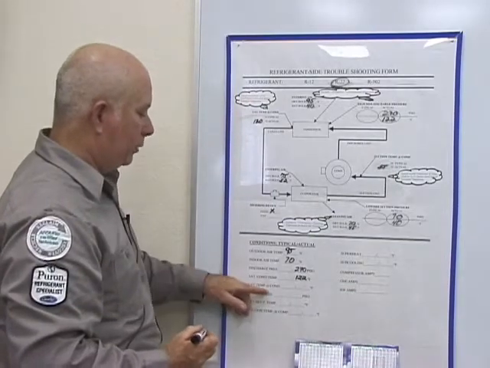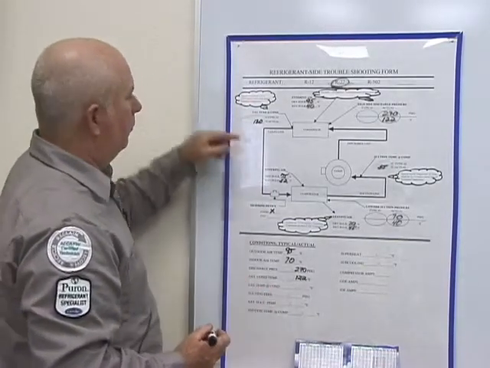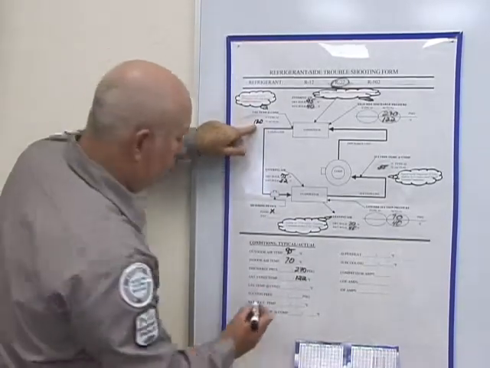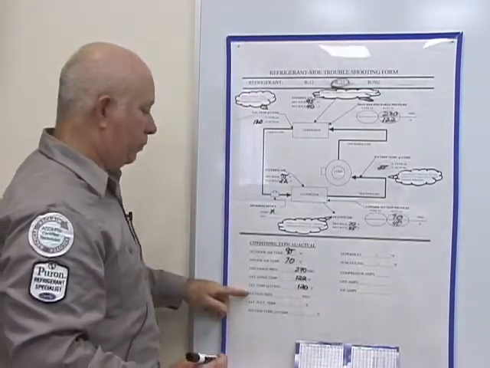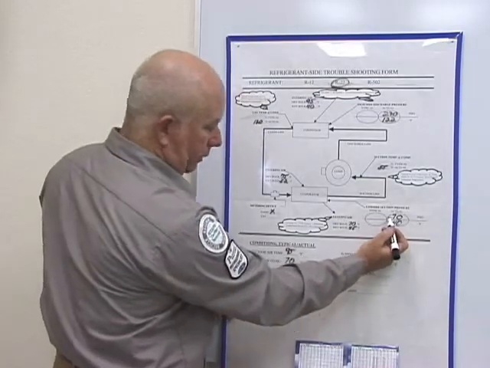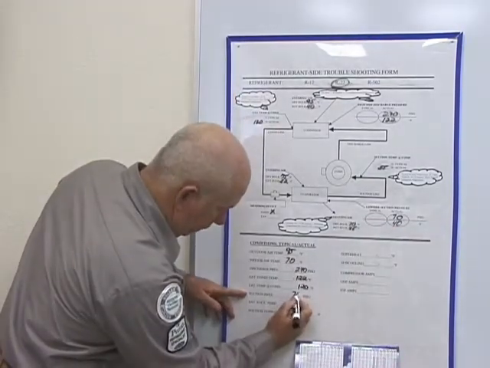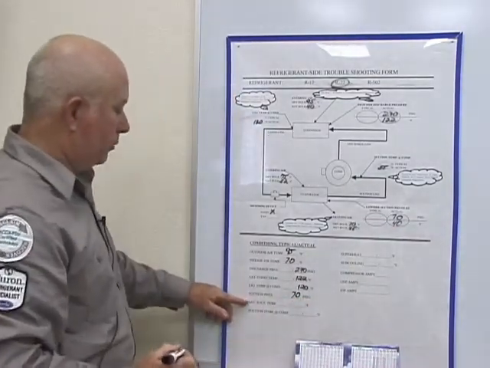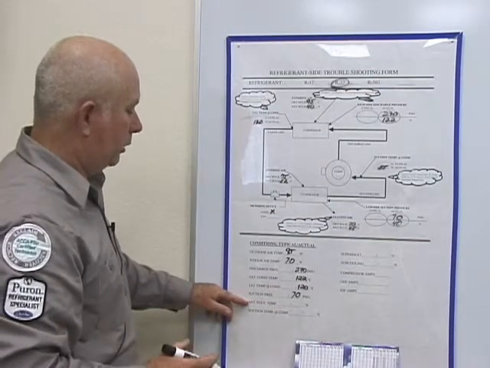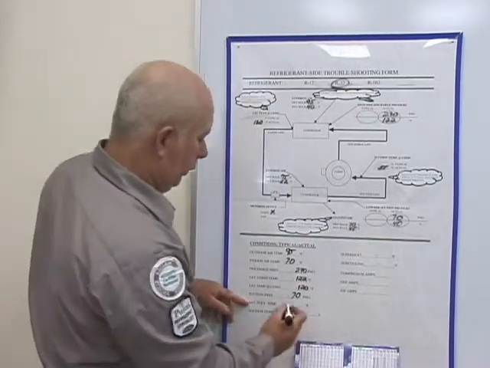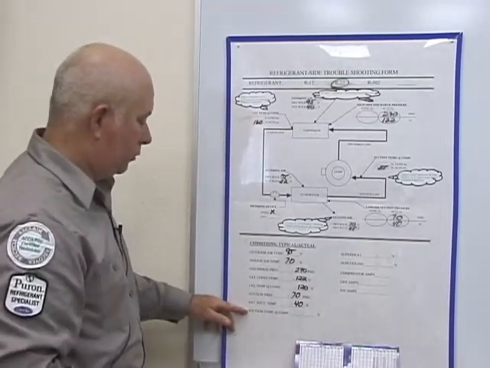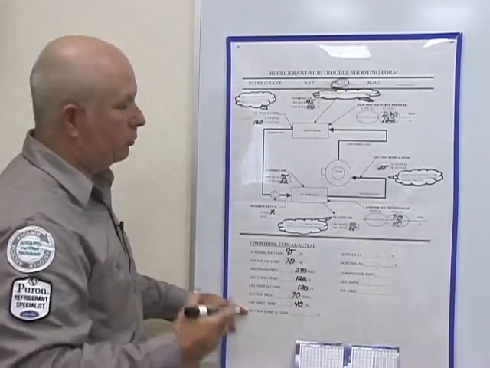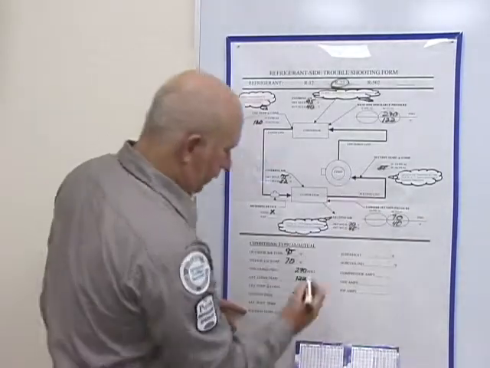My liquid temperature at condenser, meaning that you're physically taking a reading, is 120. My suction pressure, low side, is 70 psig. My saturation suction temperature, all right, is 40 degrees. And my suction temperature at compressor is 55.